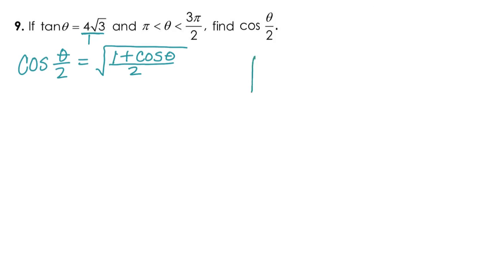Pencil's not working. Let's get it working. There we go. So there's my theta. And you've got 4 root 3 adjacent, or nope, goodness, need opposite. So 4 root 3 opposite and adjacent is 1.